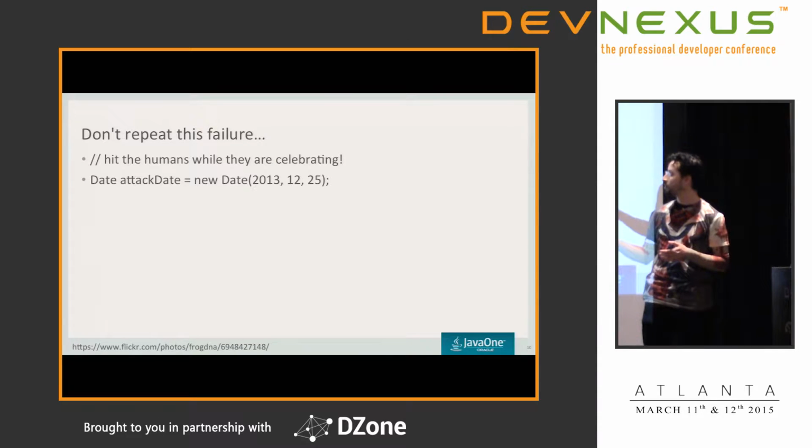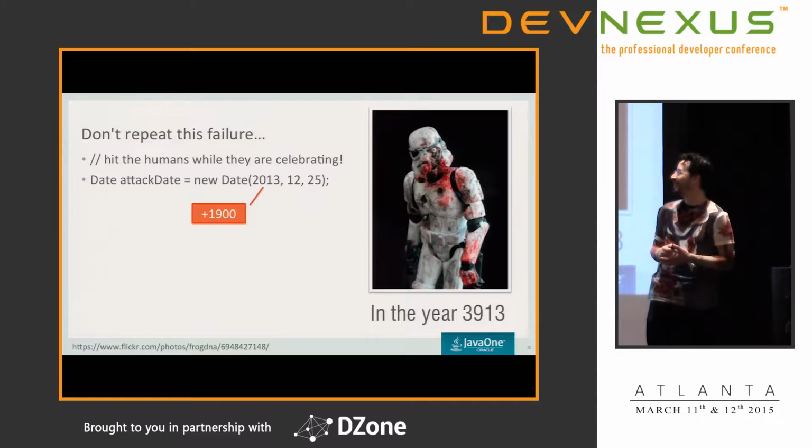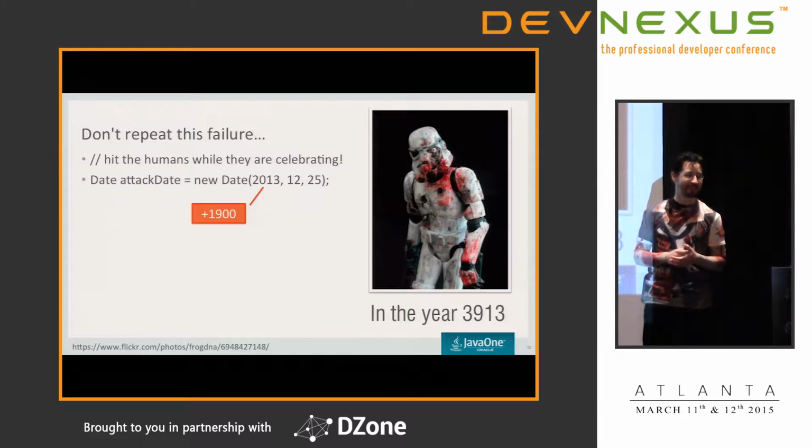So what's wrong with this? Looks fine, right? Time zone default to... Default wherever the server is. Okay, well that's a good one, but you're thinking too deep. You're stretching too far. The first number is based on offset of 1900.